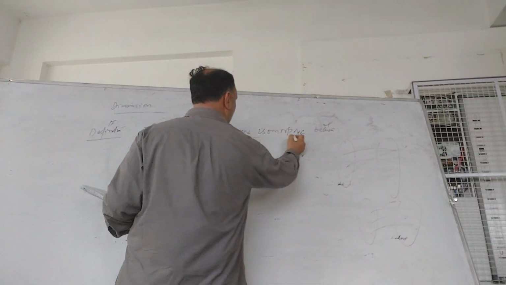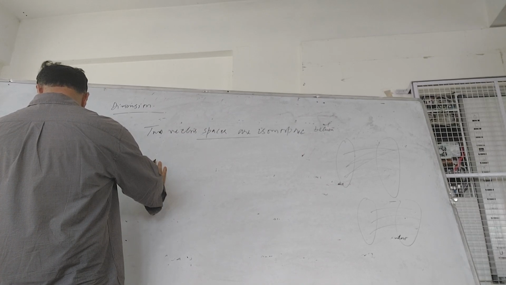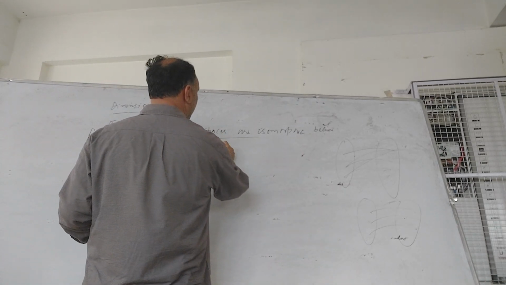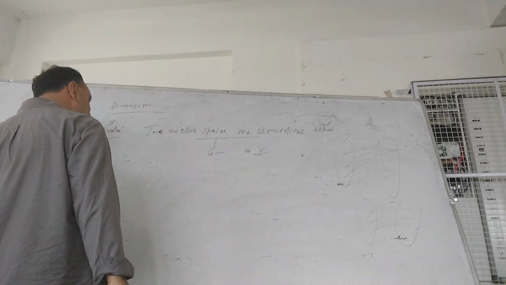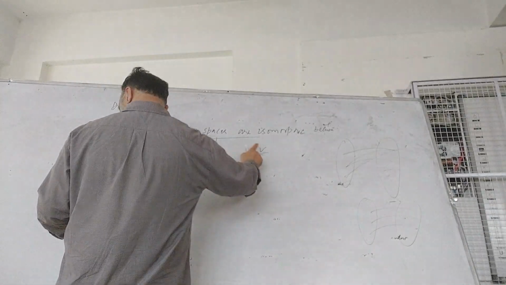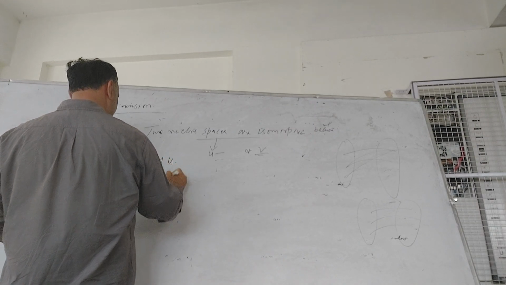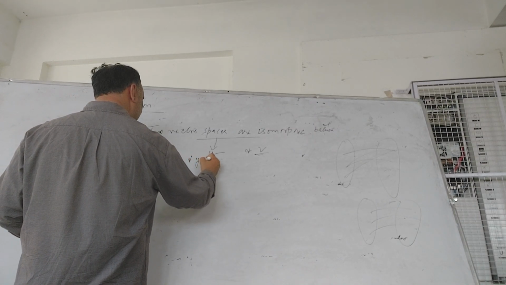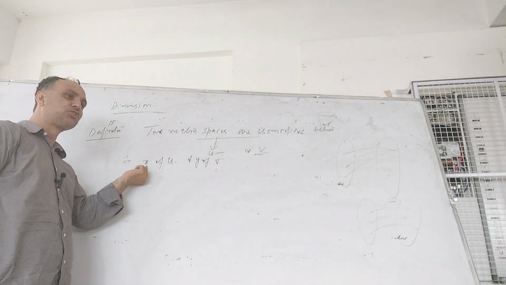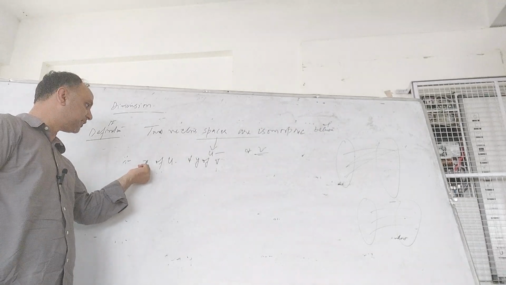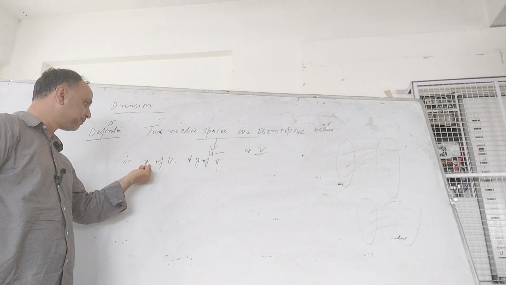So two vector spaces, we can construct U and V. They are isomorphic if there is a one-to-one correspondence between the vectors x of U and y of V. These are elements, or vectors, which obey the rules of how we define a vector space.